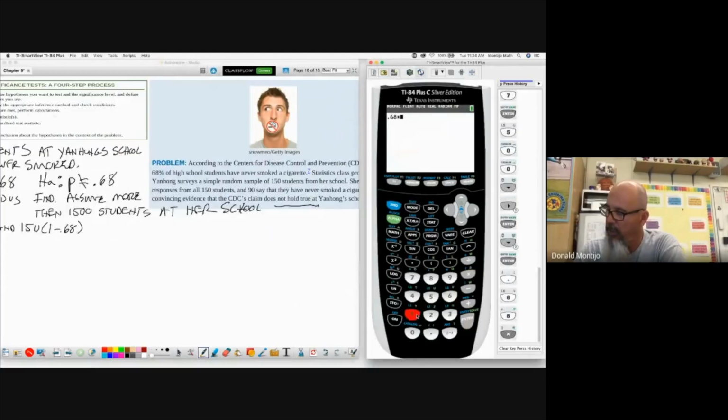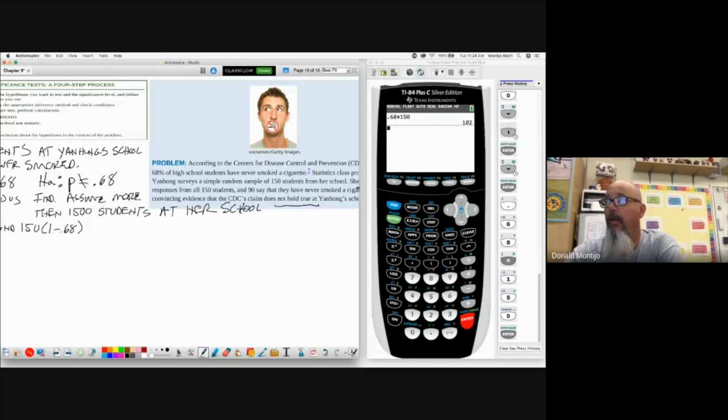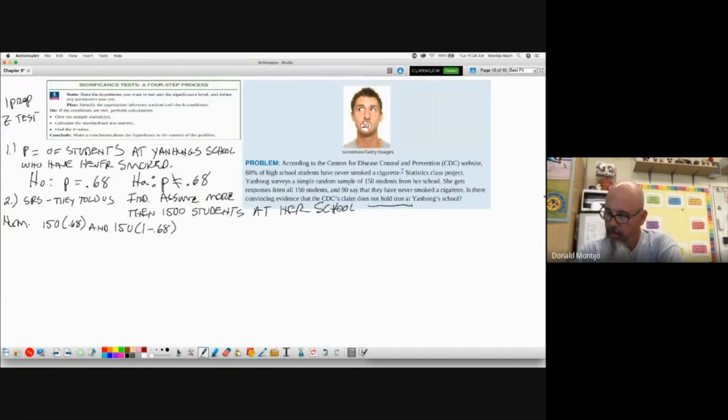I should be able to do that in my head, 102. So that's certainly greater than 10. And 150 times 1 minus 0.68 is 48, both greater than or equal to 10. So it's randomly selected, it's independent, and it's normal.